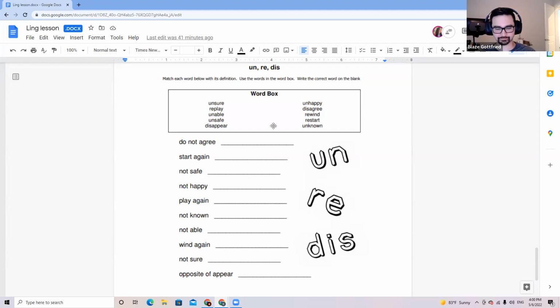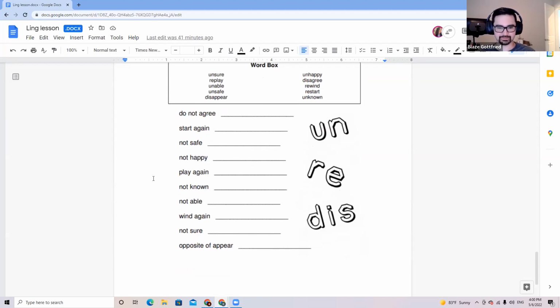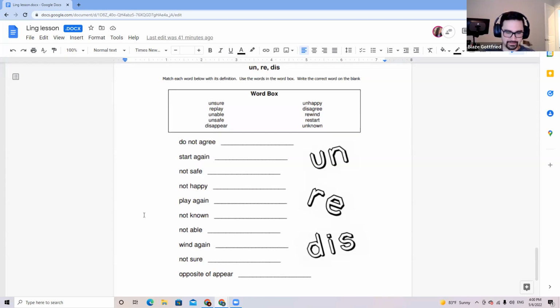That's right. So since you guys figured that out, same thing again. If you were not able to do something, do you think it would be the prefix un, re, or dis? I know you guys can use your critical thinking skills from seeing all the other knots up here to figure out that it is unable.